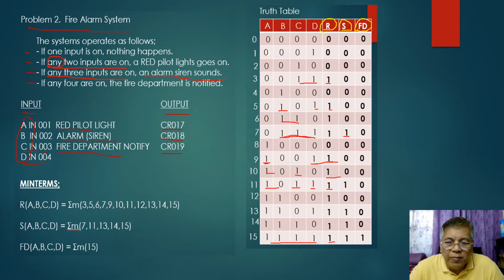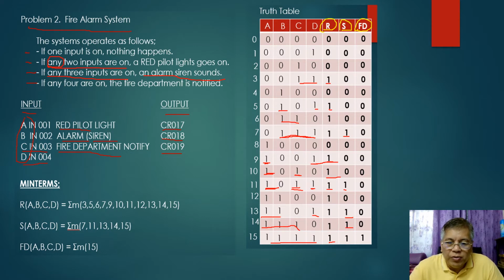For this one here, you have 1, 2, that's 2 only, so the output is still 0. Then this one here, 1, 2, and 3, so the output here is 1. Then you have 1, 2, 3 again, the output is 1. Then you have 1, 2, 3 inputs on, then the output is 1.